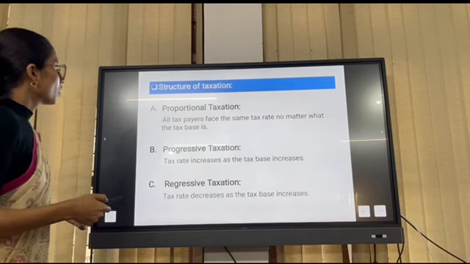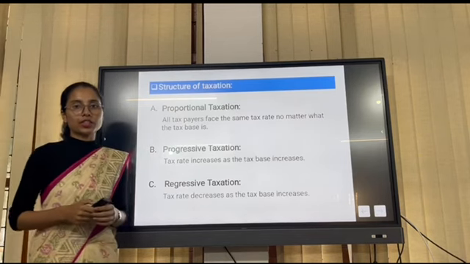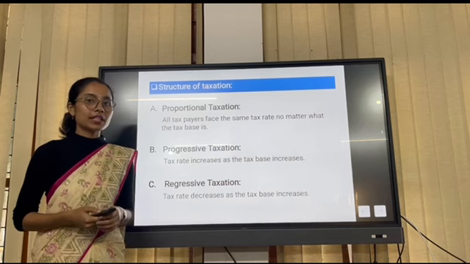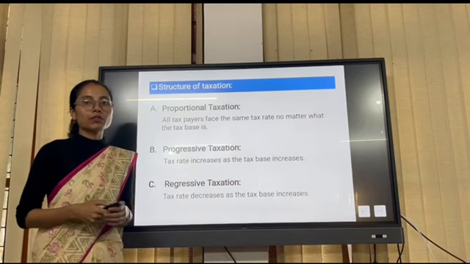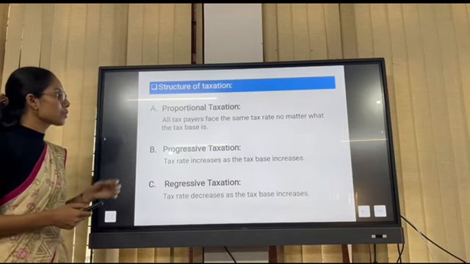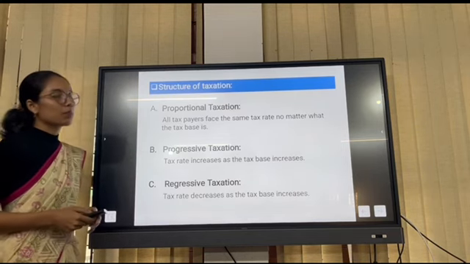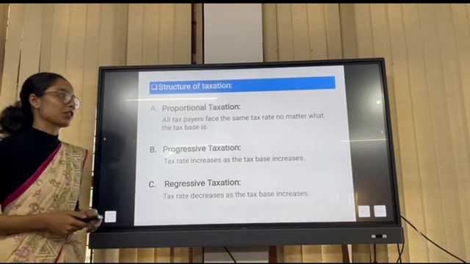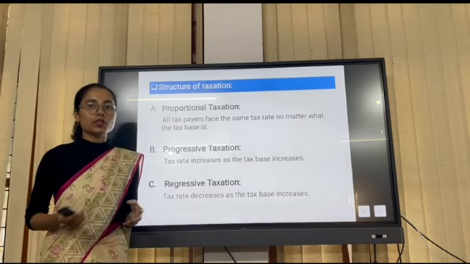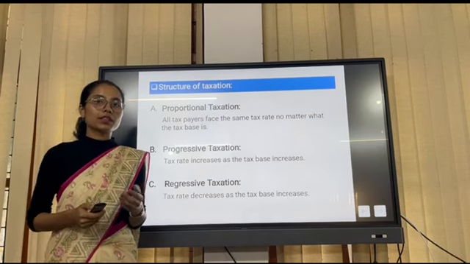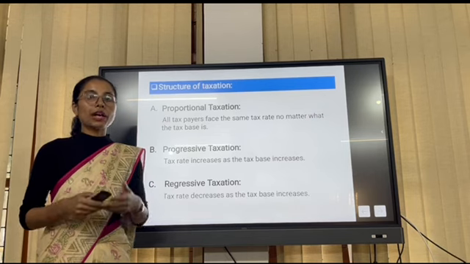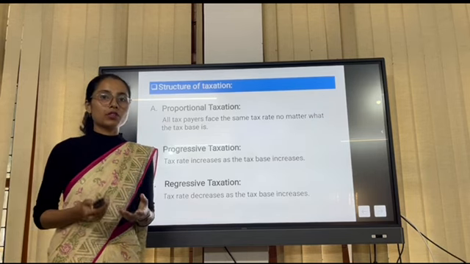Then there are certain structures of taxation, like which part of the society will pay how much tax. On that basis, we can find three structures of taxation. First is proportional taxation, second is progressive taxation, then regressive taxation. In proportional taxation, all the people in the society pay tax and the government levies the same rate on everyone, irrespective of their levels of income.